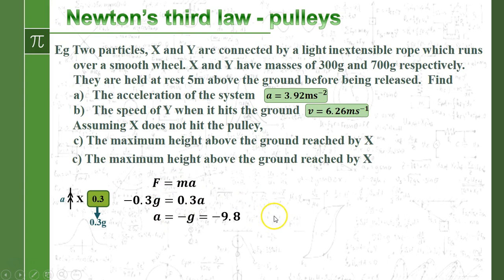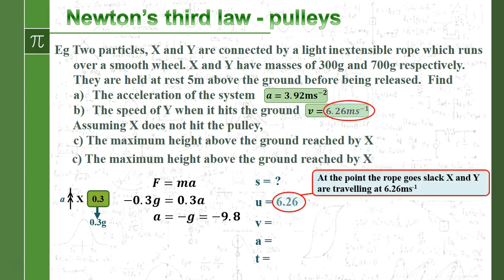Right, so we've now got to figure out the maximum height above the ground reached by X. Maximum height will happen when V is 0. So S is the thing we need. U: what speed is this thing initially travelling at the point at which everything changes, the point at which the string becomes slack? That's going to be exactly the speed that Y was moving at when it hit the ground.